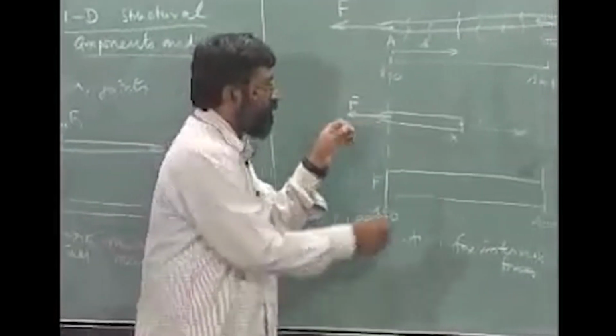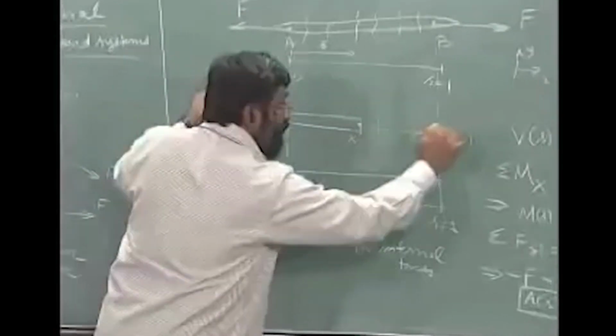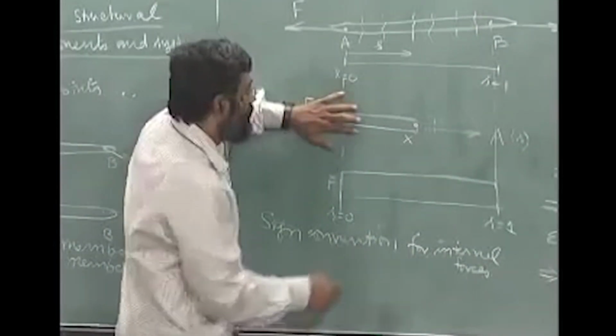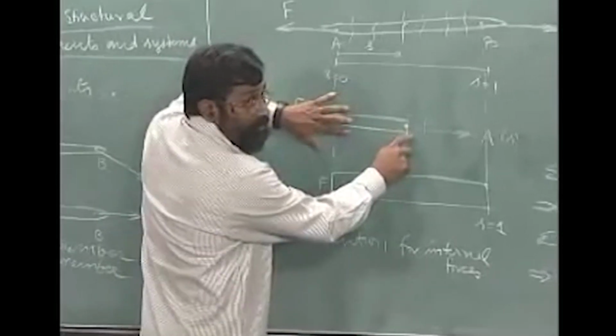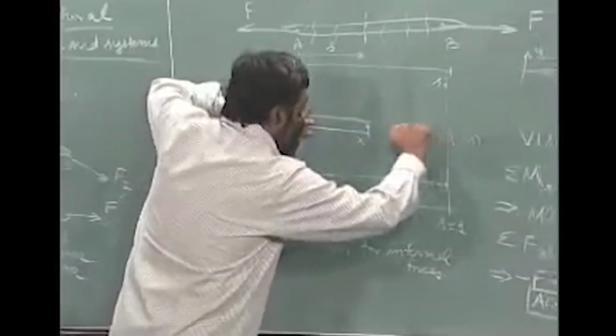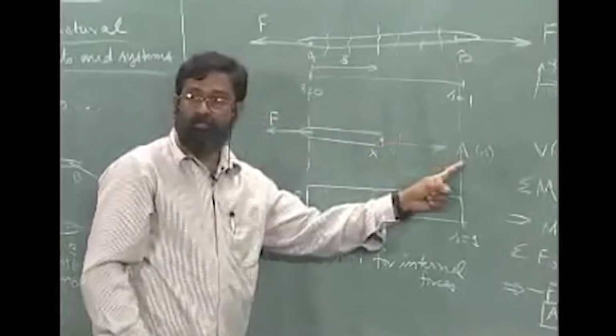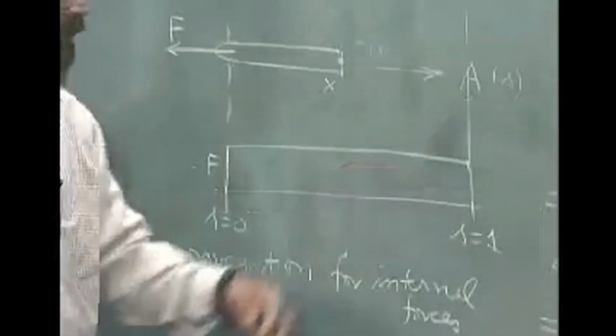So in this case you notice that there is a pulling action. A simple way to understand is to just hold this particular rigid body and examine what is happening here. It is being pulled, okay, and therefore we will have this as a positive value.